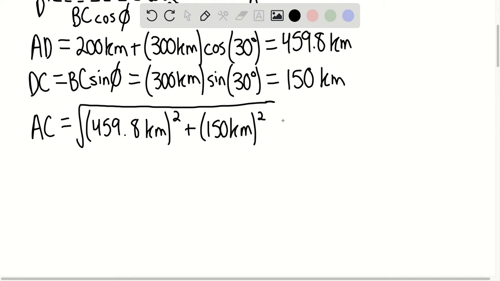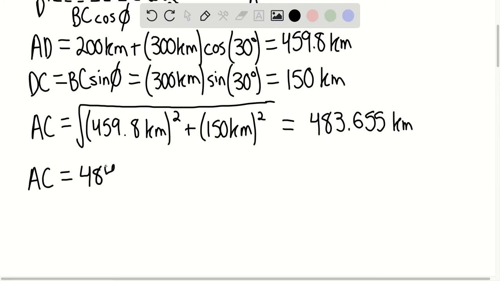And we find that AC is equal to 483.655 kilometers. We could round to 3 significant figures and say that the distance between city A and city C is approximately 484 kilometers.